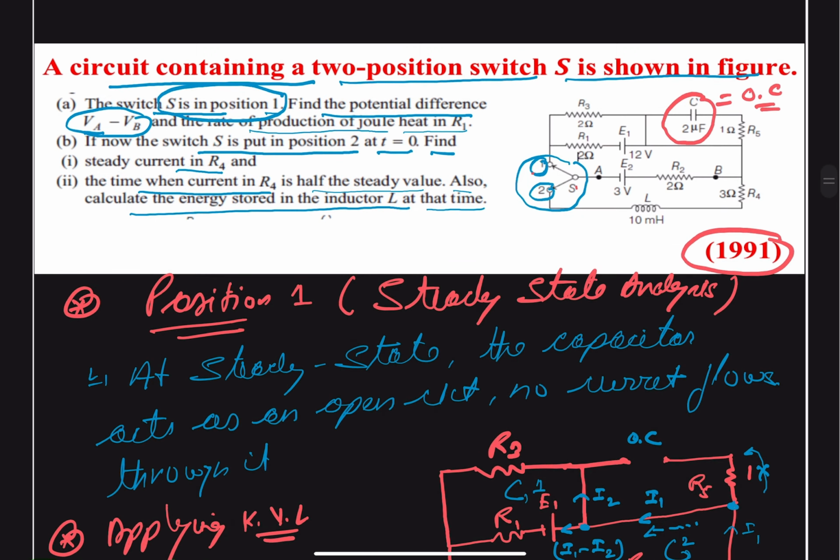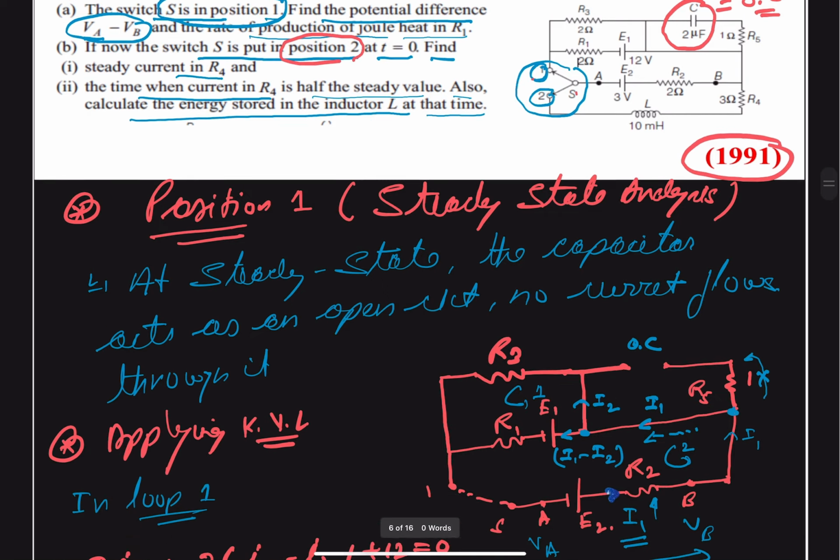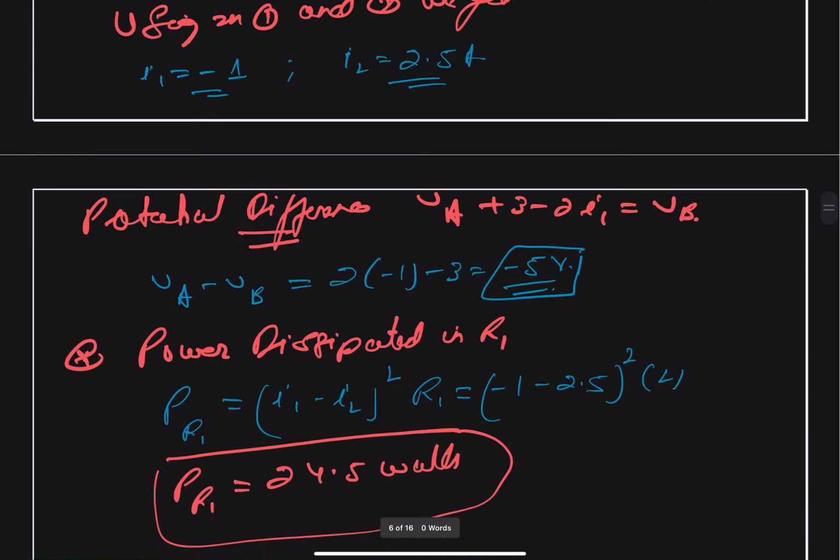Now in the B part, it says that the position is now switched to position number 2. So let us draw the circuit for our B part.